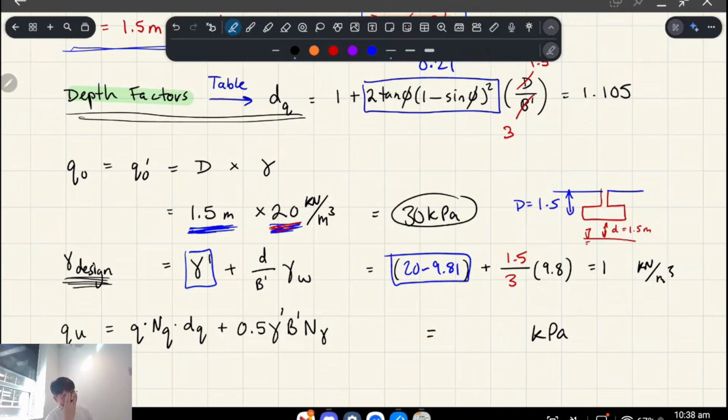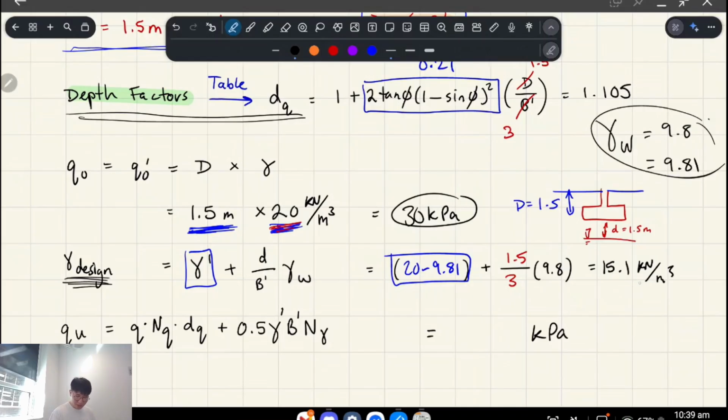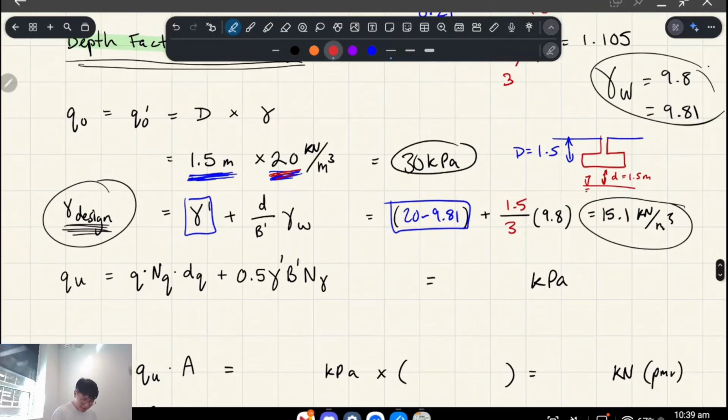I can't remember if the unit weight of water in this course is considered 9.8 or 9.81 in the calcs, so just double check the working out, because sometimes I do 9.8, sometimes 9.81. That is all equal to a design unit weight of 15.1. That becomes gamma design, which is 15.1.